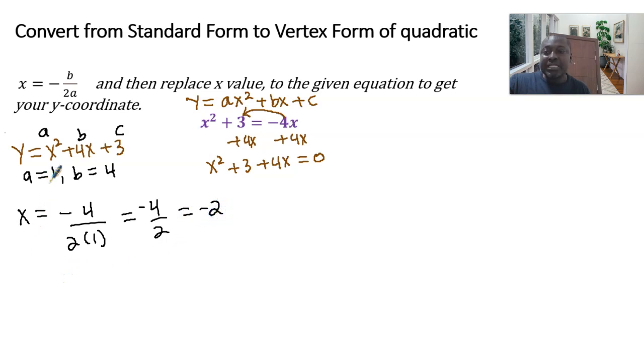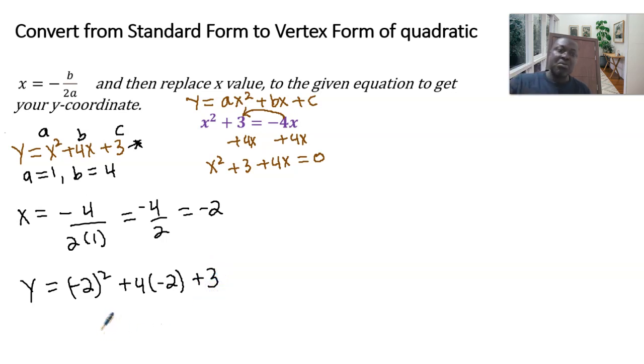Now we plug it into the given equation. It was this one, but we have rearranged it to look like this. So y is equal to -2 all squared plus 4 times -2 plus 3. You can pause and finish it by yourself at this moment.